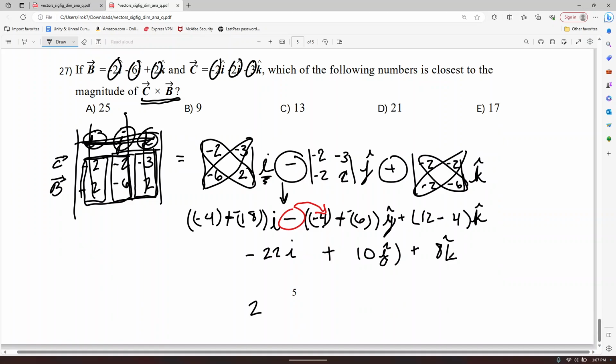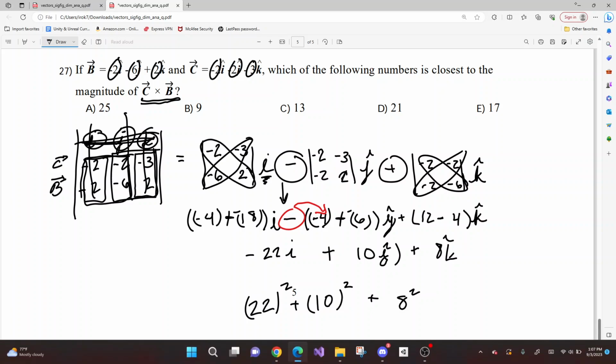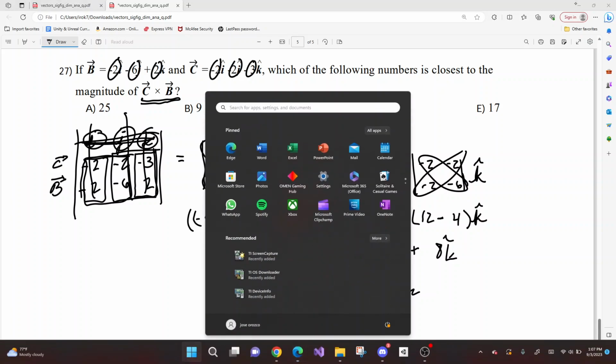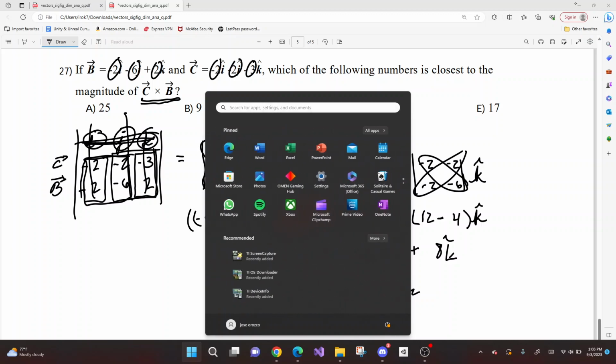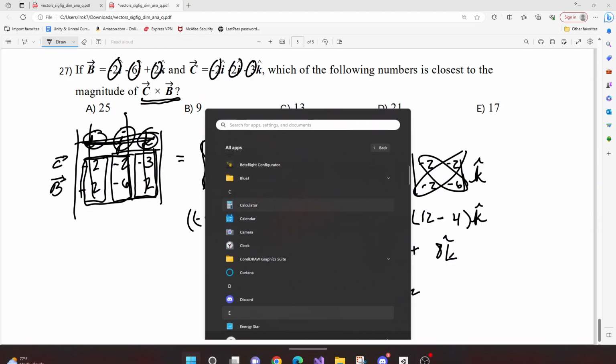So we know that the formula for magnitude is just all the values squared. Again, this is derived from the Pythagorean theorem. And then you just square all the values. Let's take out a calculator. Sorry, let's go to apps. Calculator, there it is.